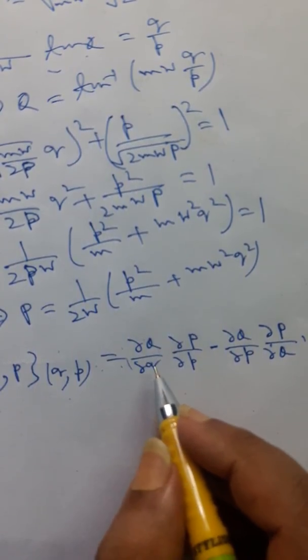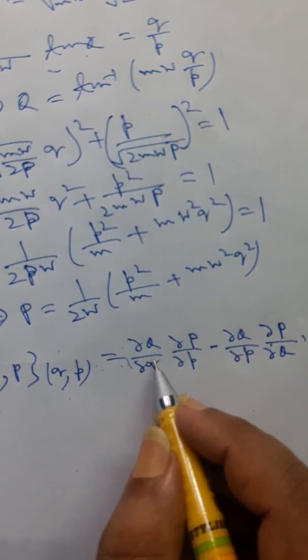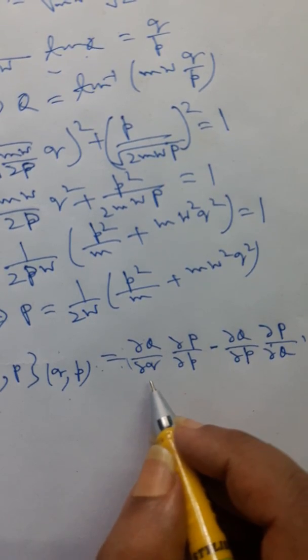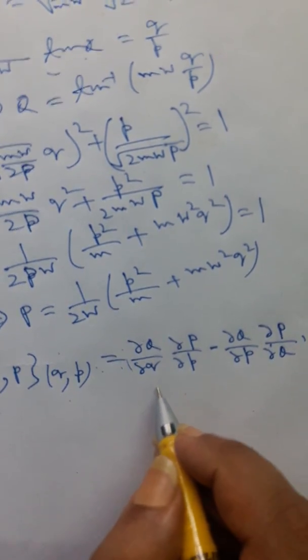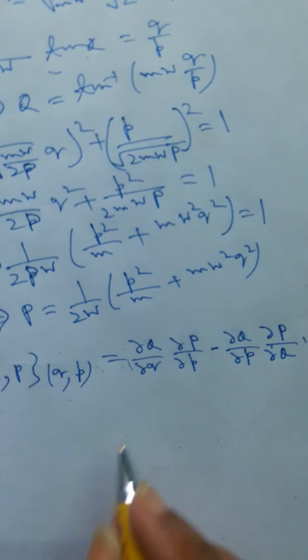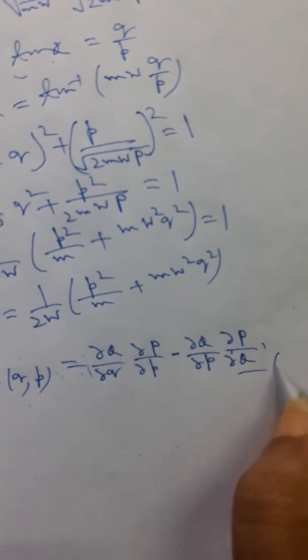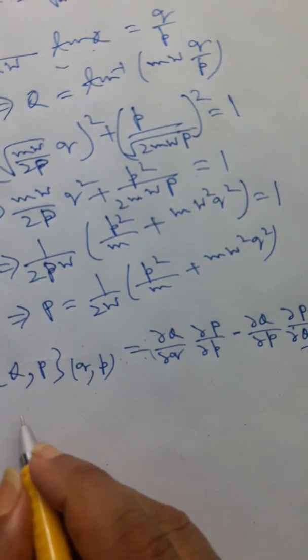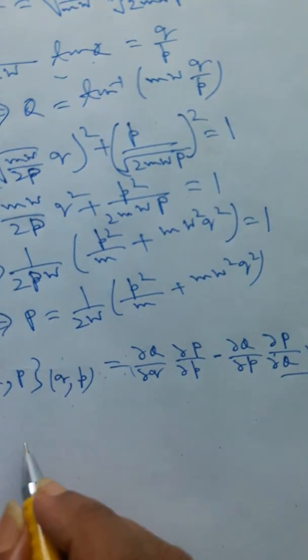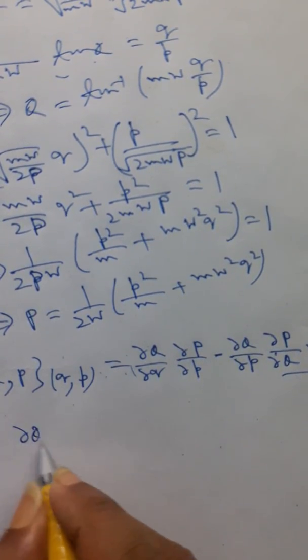Now we have del Q del q. So here we are considering the function Q, what happens there. Now taking equation 1, Q is equal to tan inverse of this.